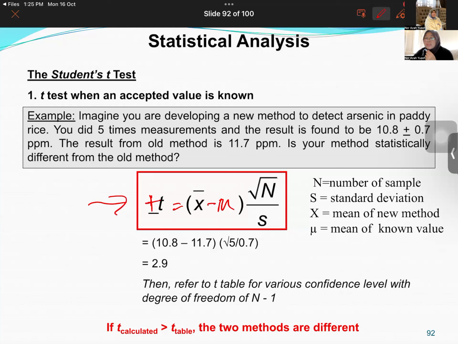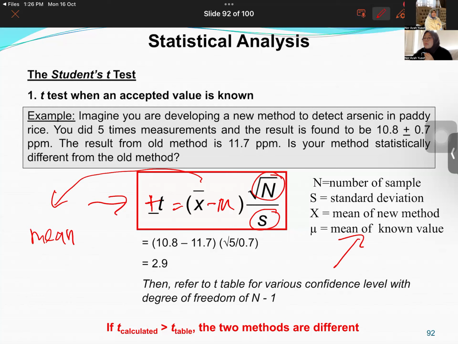This is the simplest t-test. x bar means the mean. And then mu is the known value, certified value, true value, meaning the actual data that we are referring to. S is the standard deviation, N is the number of samples. That one is quite general.